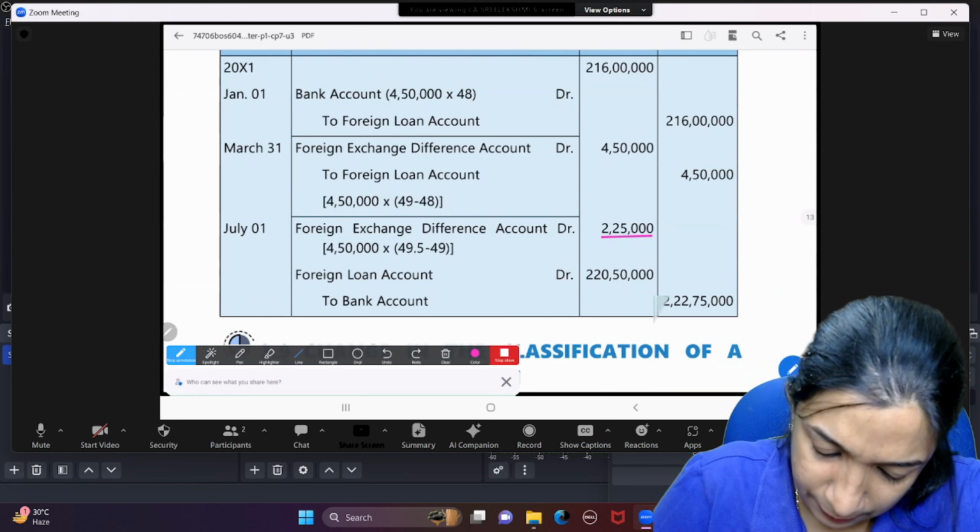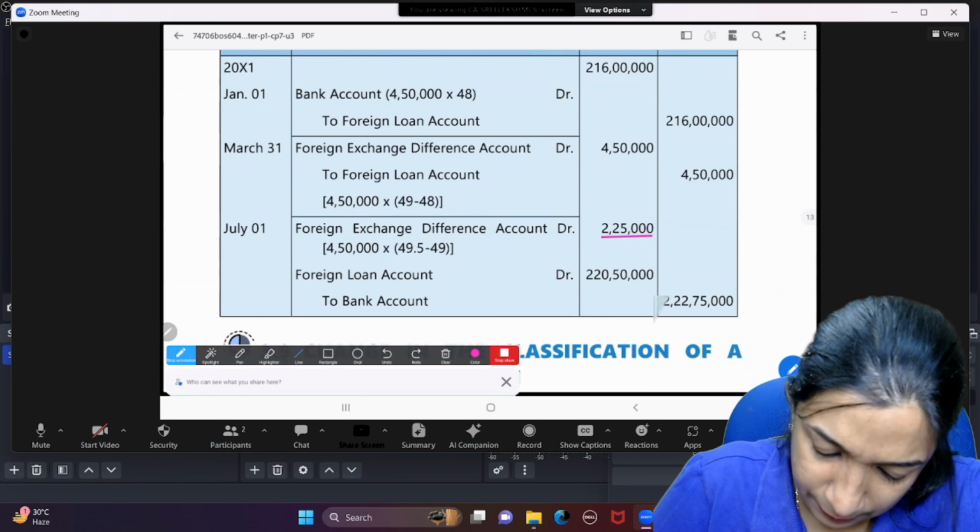Of course it's a gain. 15,000 into rupee 1 is a gain. So what is the entry to be recorded? Creditors debit. Creditors are to be reduced, so creditors are to be debited to foreign exchange income or P&L directly.